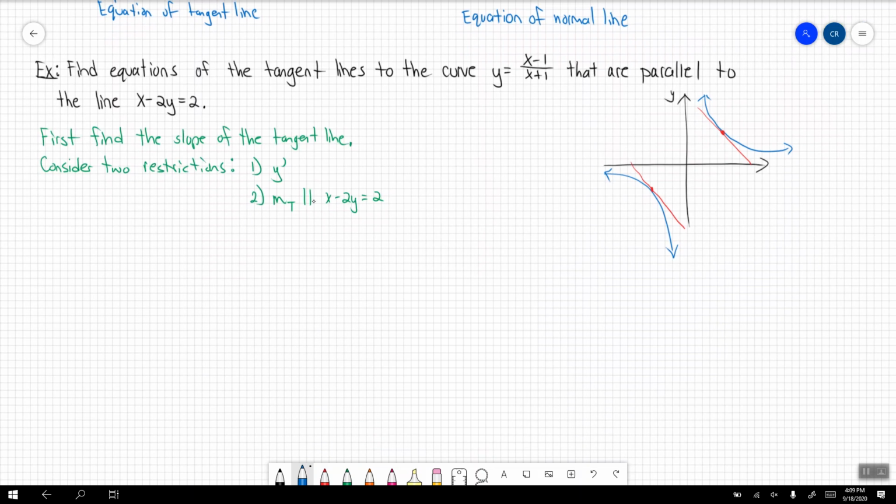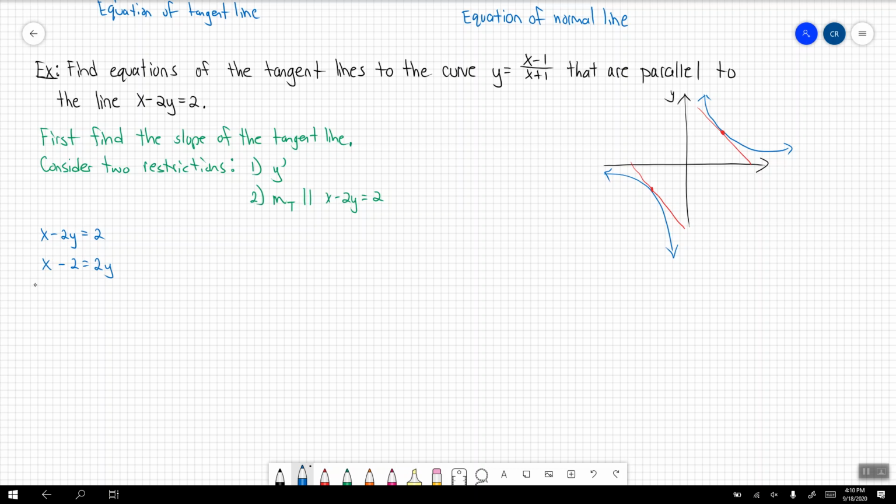So let's find the slope of the parallel lines here. I'm going to take my equation, x minus 2y is equal to 2, and solve this equation for y. So this is going to be x minus 2 is equal to 2y.